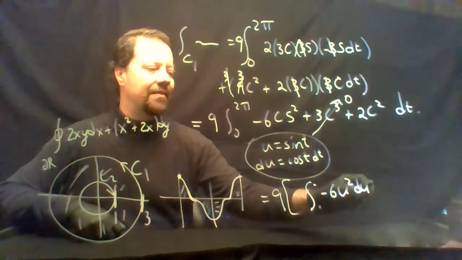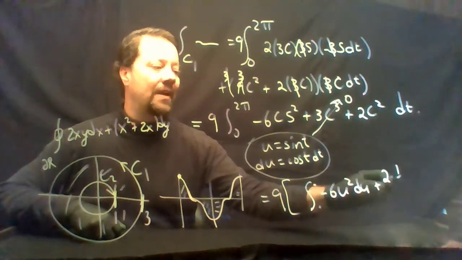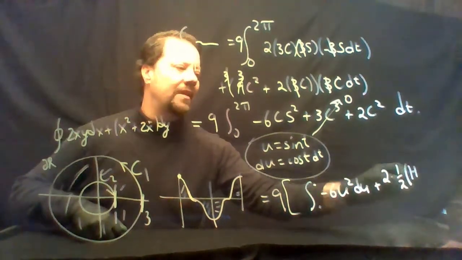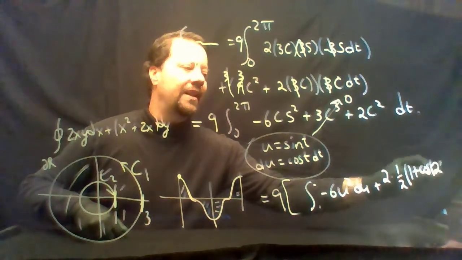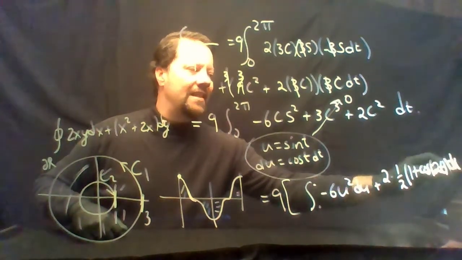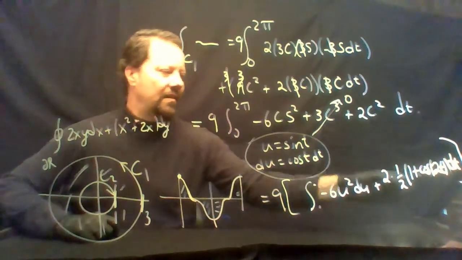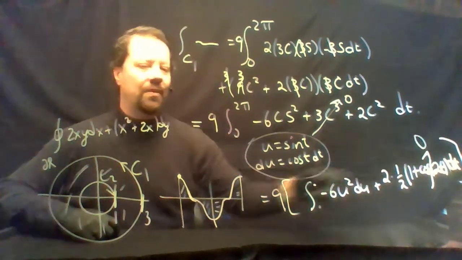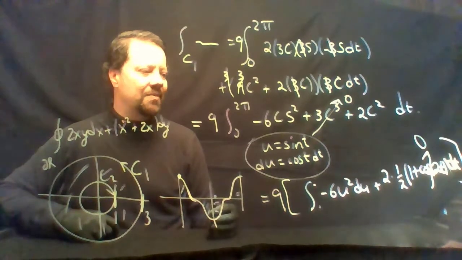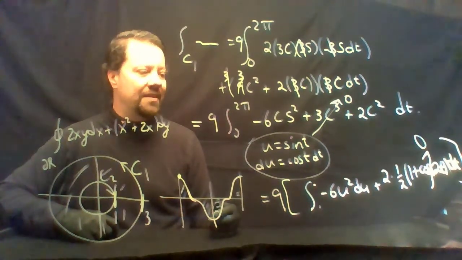And then we still have this plus 2 times 1/2 times 1 plus the cosine of 2t, all times dt. This very last term, of course, has an integral of 0 since you're integrating over 2 periods.